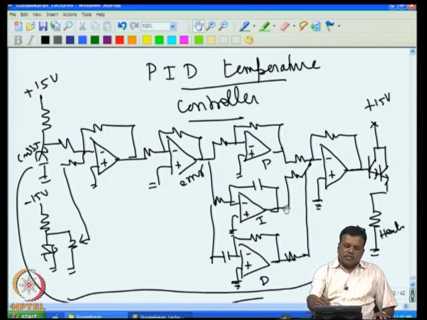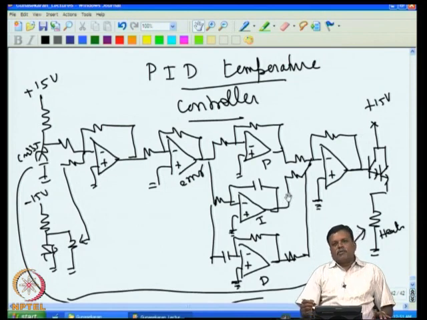Because of that, the output of the integrator changes very slowly, and we already reduced the proportional gain to avoid oscillation, so the output of the proportional stage is also low. So to get enough voltage for the heater to rise, we have to wait for quite a long time, because this works only very slowly. Probably for a system like a temperature controller, you don't need a differentiator.